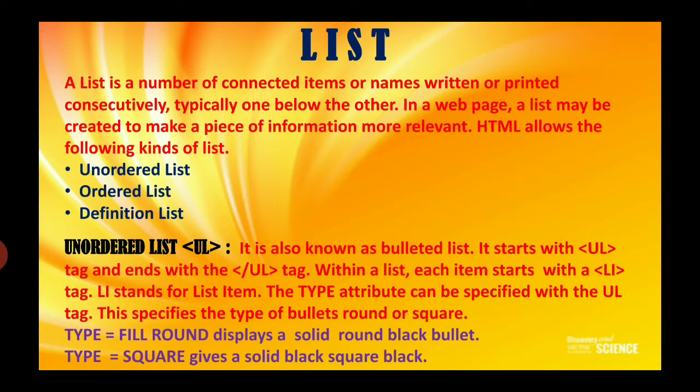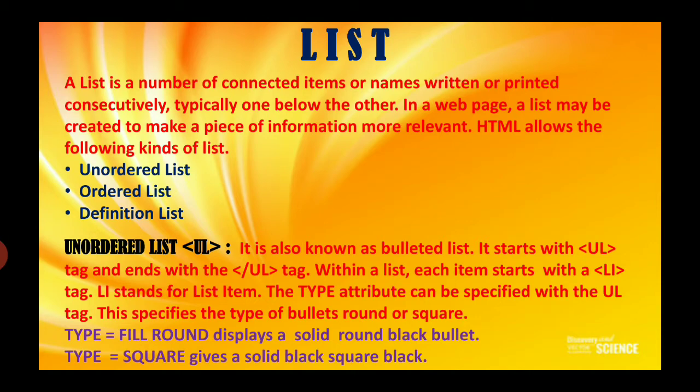Now within a list, each item starts with LI. LI means list item. So whatever I write in the list items will be shown one after the other using bullets.